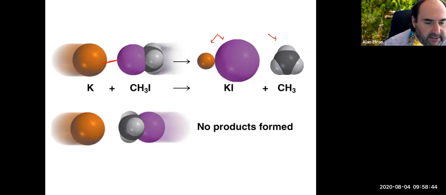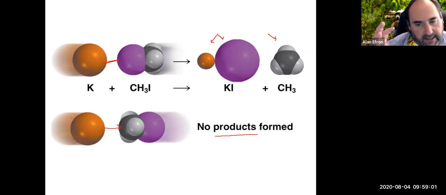But if this collision occurs in the opposite way, with the CH3 part back here where the carbon is and the potassium, you're not going to get any products formed. Again, this just illustrates that not 100% of the time when something collides will you actually produce products.